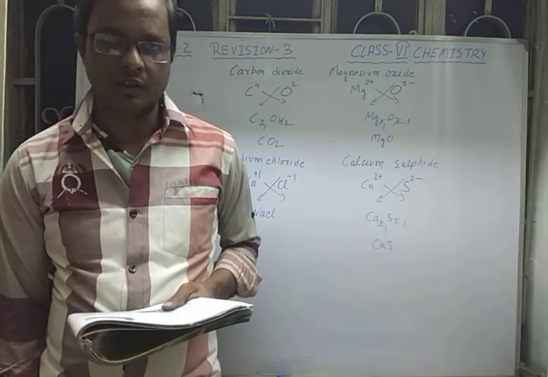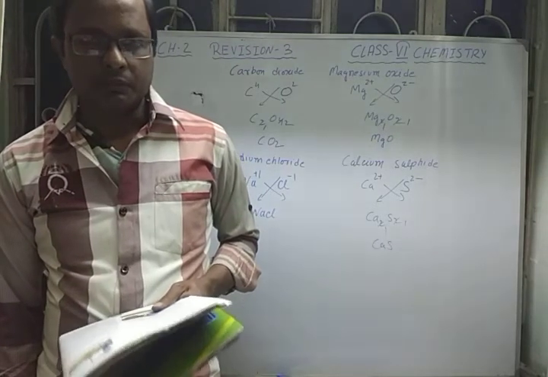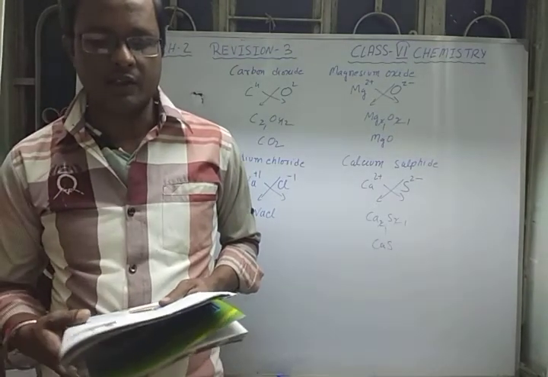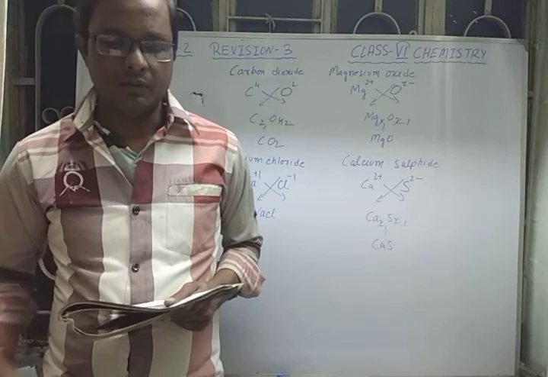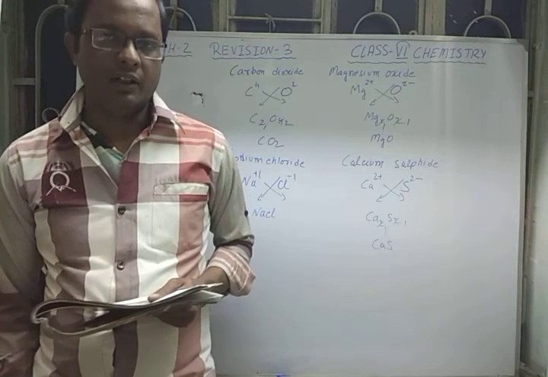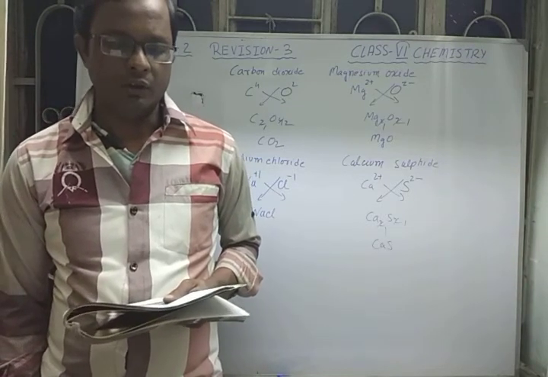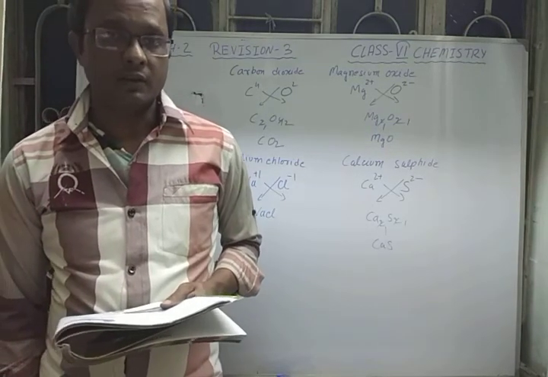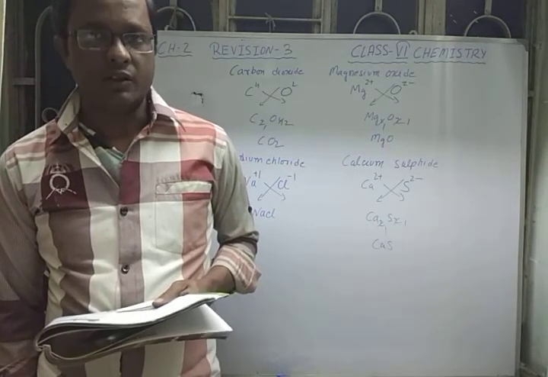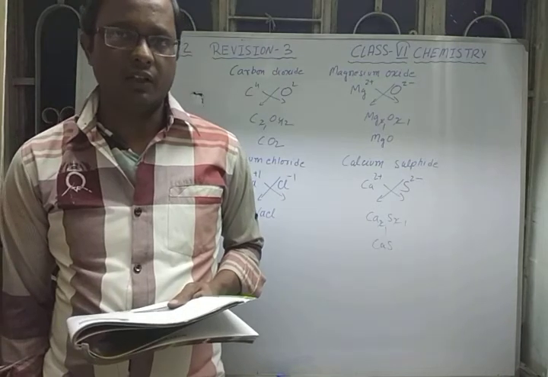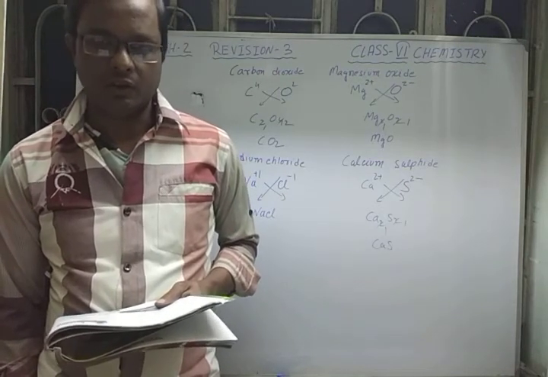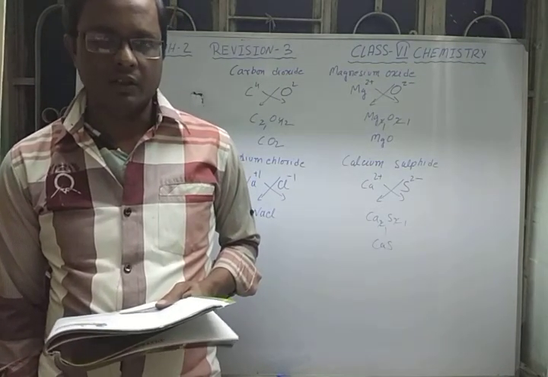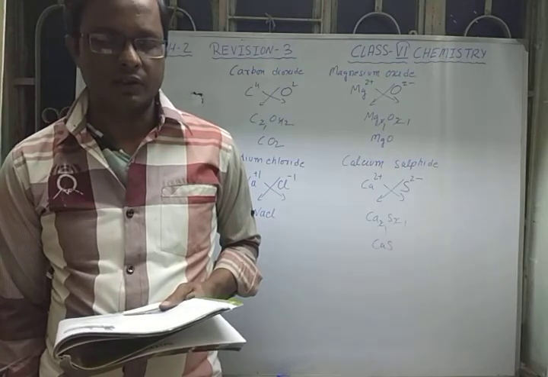The component which gets dissolved in a small quantity is called the solute, and the component in a much larger quantity, in which the solute gets dissolved, is called the solvent. So solute plus solvent is called a solution.